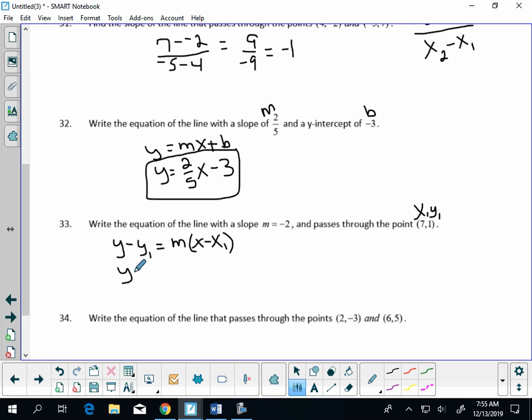I know y sub 1 is 1. m is -2. x sub 1 is 7. We're going to distribute, and you get y minus 1 equals -2x plus 14. And add 1 to both sides. y equals -2x plus 15.